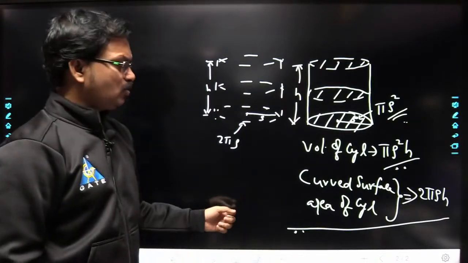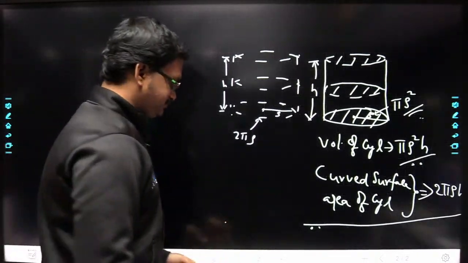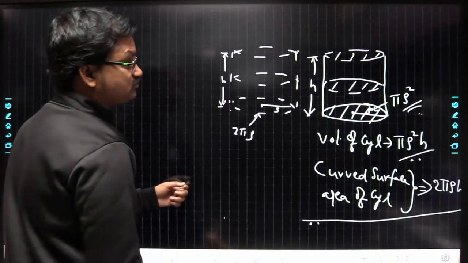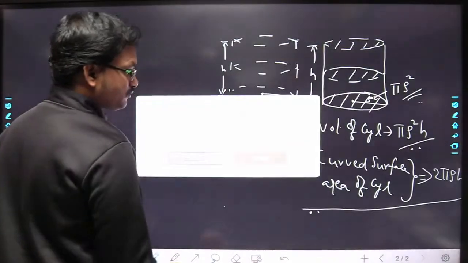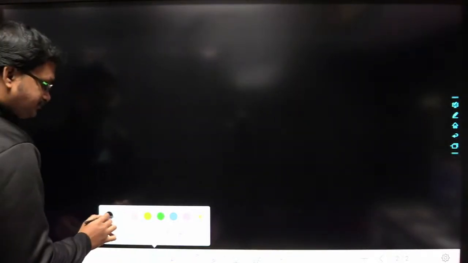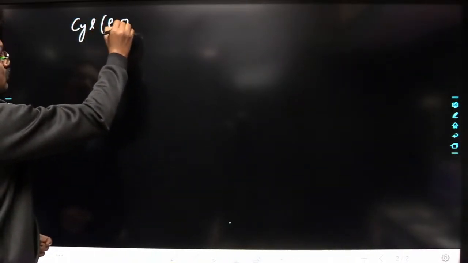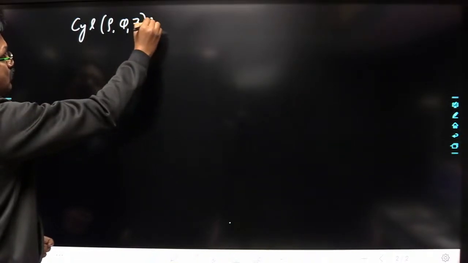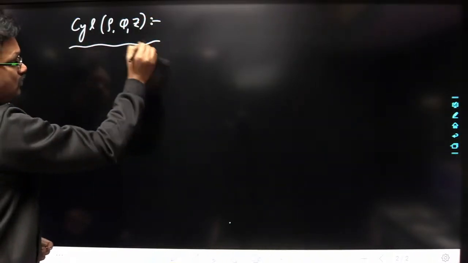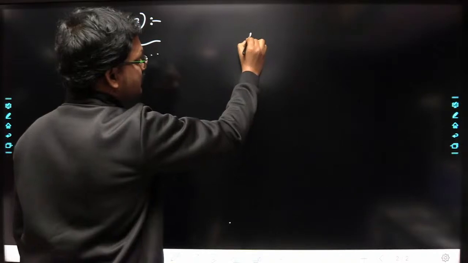So this is how you can easily visualize the cylinder here. I hope it is clear. So now here I am drawing the cylinder.